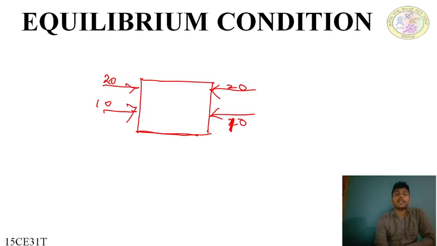Otherwise the body will be in motion, and it is not said to be an equilibrium condition. Here, sigma H, all the horizontal forces, will be zero.